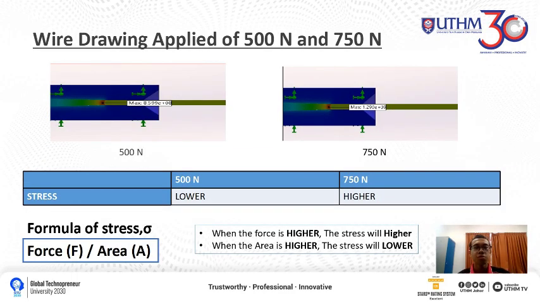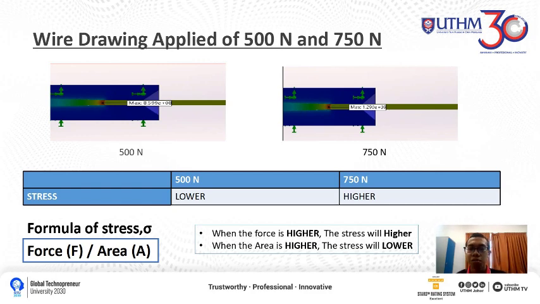The next part is wire drawing applied at 500 Newton and 750 Newton. At 500 Newton, we get the maximum stress of 8.599, and at 750 Newton, we get a maximum stress of 1.290.